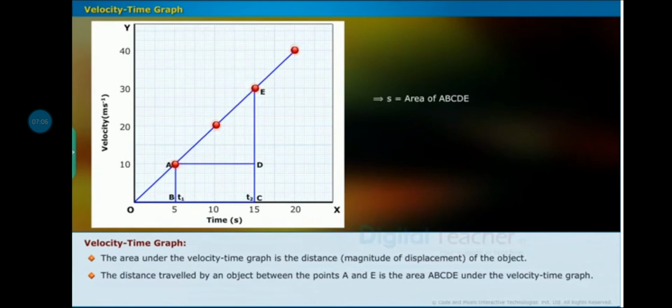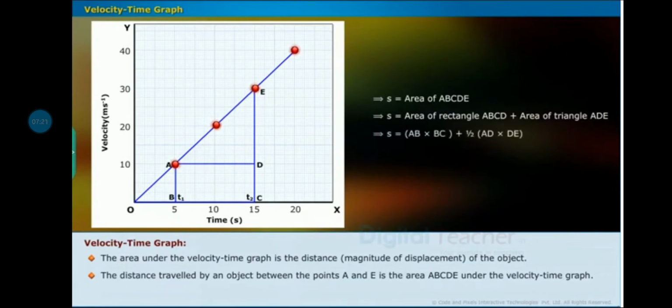S, that is distance, is equal to the area of ABCDE. So S is equal to the area of rectangle ABCD plus the area of triangle ADE. S is equal to AB into BC plus half into AD into DE.